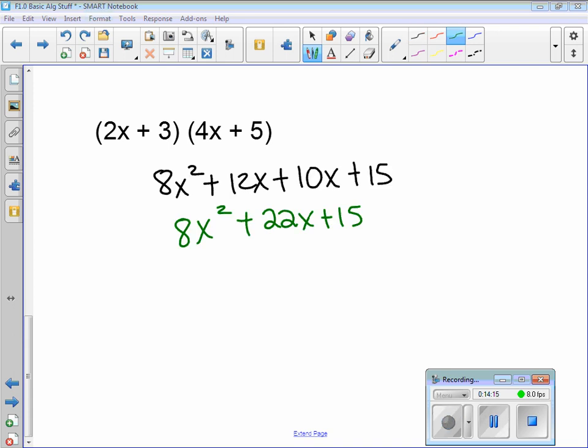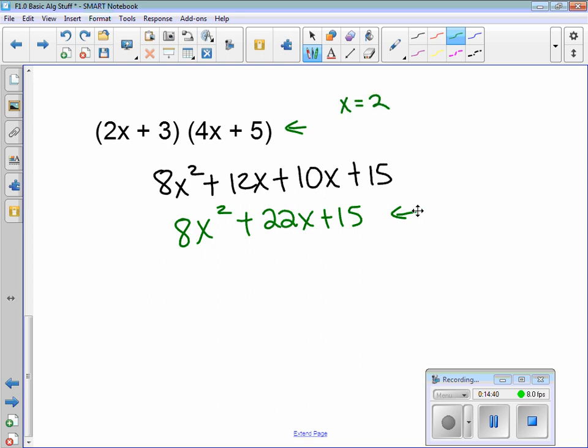Now one of the things that you can do if you're a little bit iffy about your answer, in order to check to see if you've changed an expression around into some new version: here I have two expressions that are two binomials that are being multiplied. And I've multiplied them out and I created these two trinomials. To check it, what I could do is just simply take any x.